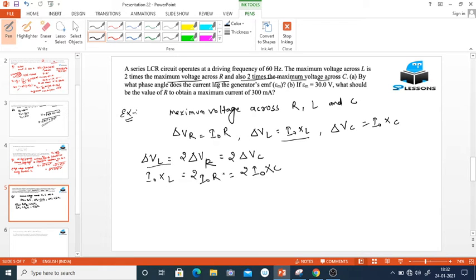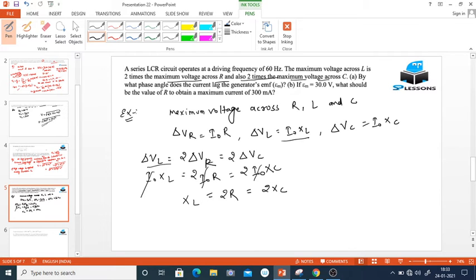Here I naught cancels out. So XL equals 2R, which equals 2 times XC.